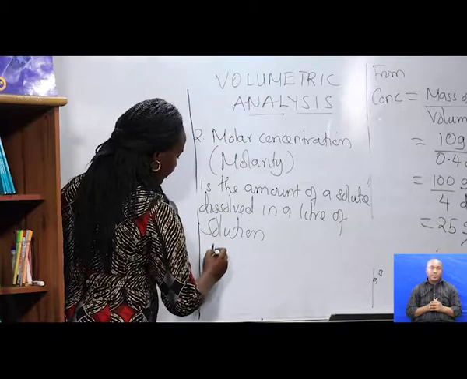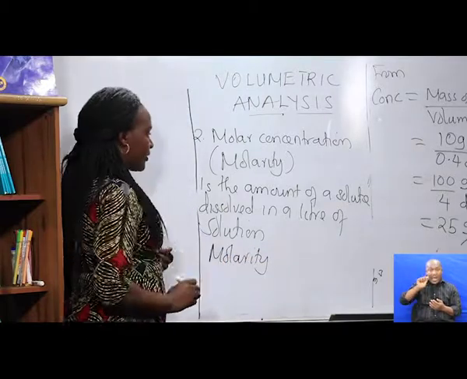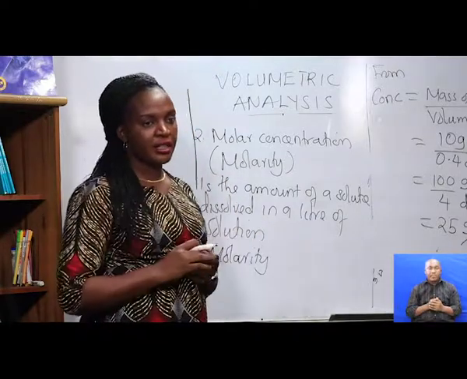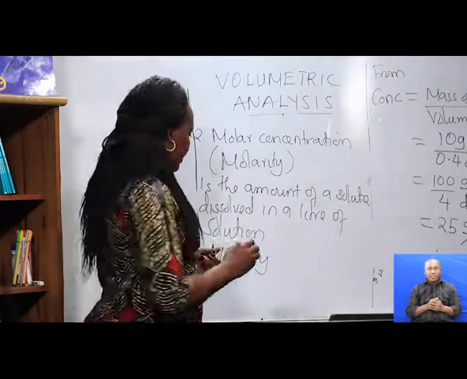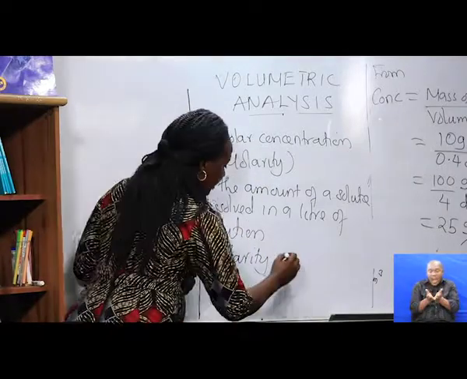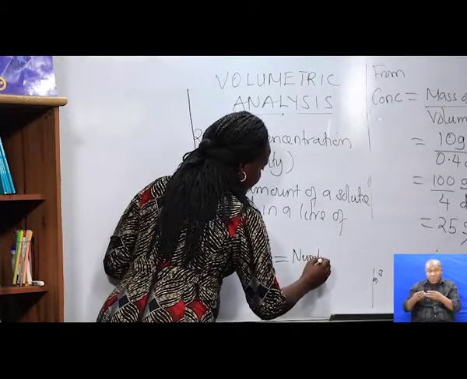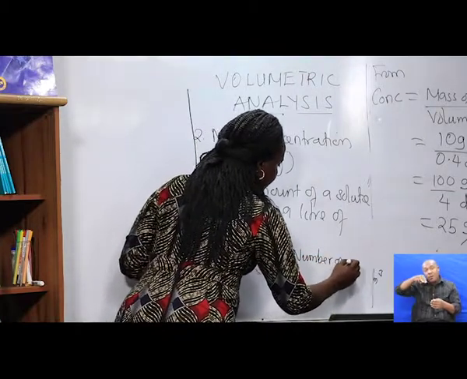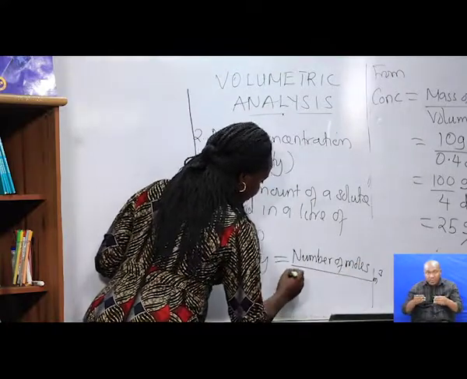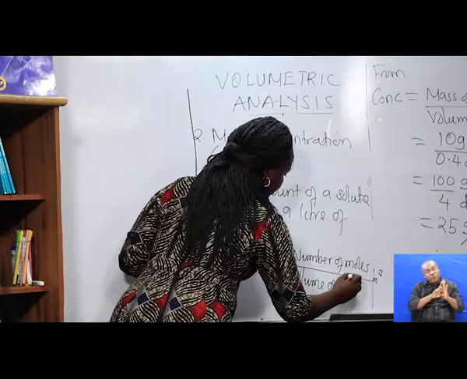Therefore, we know that molarity, I'll be using molarity instead of molar concentration, is equal to amount of a solute, number of moles of a solute, divided by the volume of a solution.